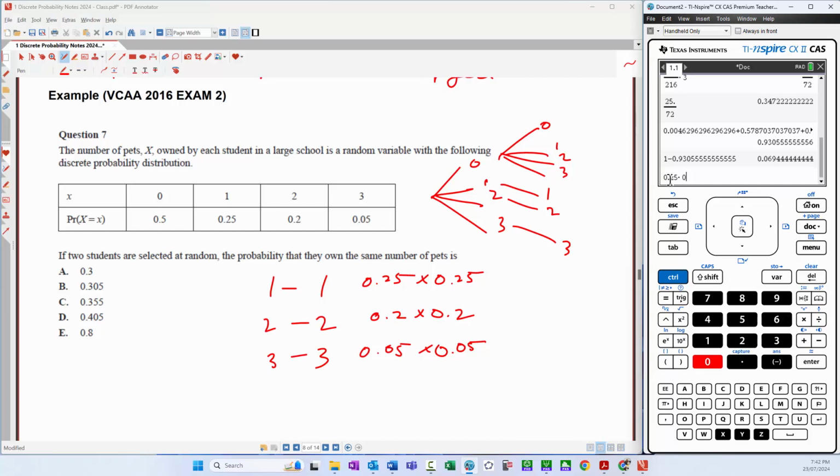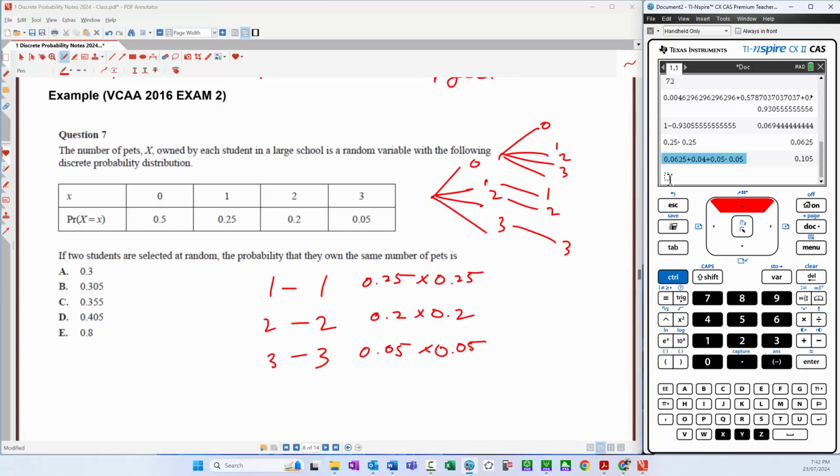So that's going to be a quarter times a quarter, which is an eighth. Plus 0.2 times 0.2 is 0.04, plus that, oh, I don't trust myself with that. Plus 0.04.